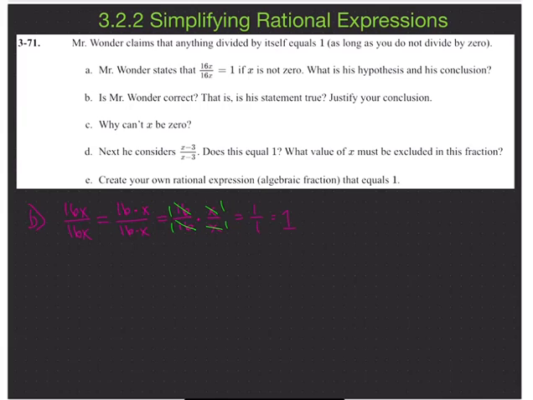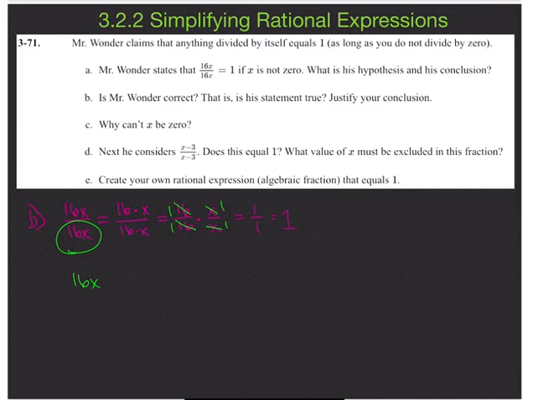If we go back to this original 16x over 16x, what do we know about denominators? Denominators cannot equal 0. So we're looking at our denominator now. I'm going to put a little green circle around just our denominator, that 16x.